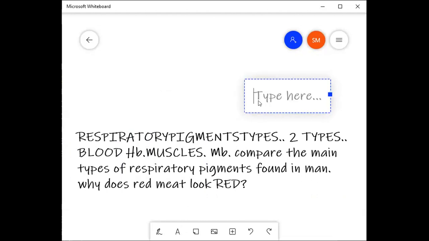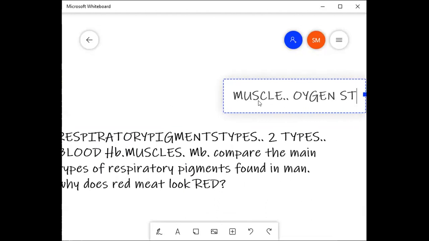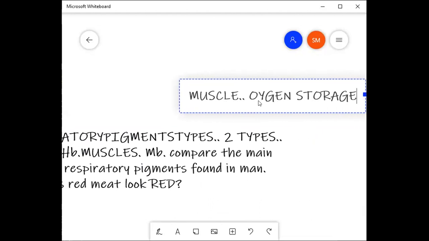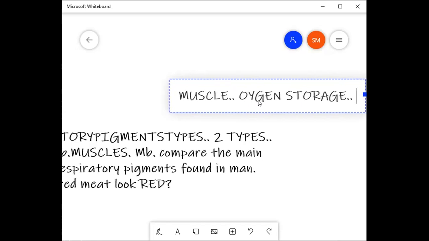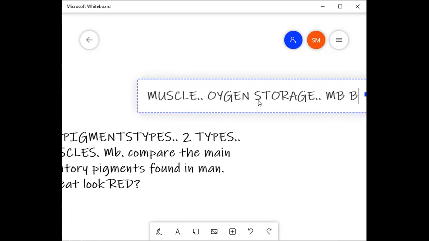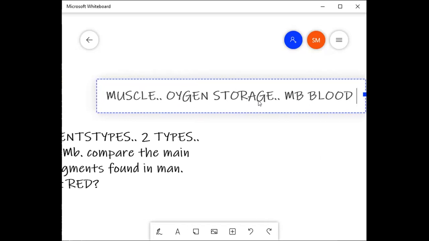Myoglobin is mainly present in the muscles, and they say that it has oxygen carrying capacity. It is better if we say that it is the oxygen storage mechanism, because it stores oxygen. It stores a lot of oxygen. If myoglobin is seen in the blood, then that is not a normal situation.